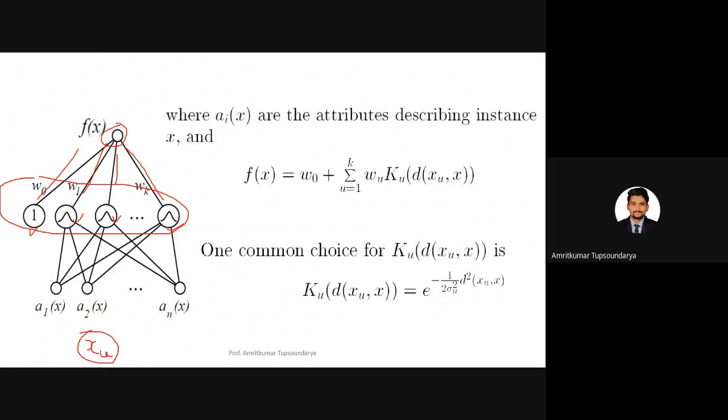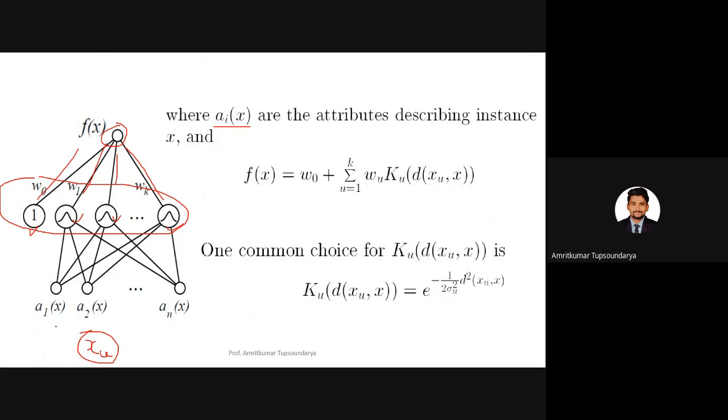Now, these inputs here, a1(x) and a2(x), so on till an(x), are basically the attributes which describe those instances, right? So instances are x, and these ai(x) are the attributes describing each instance.